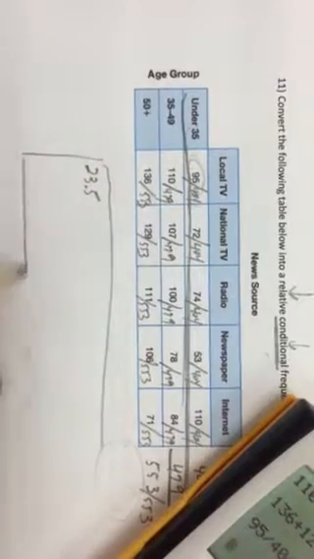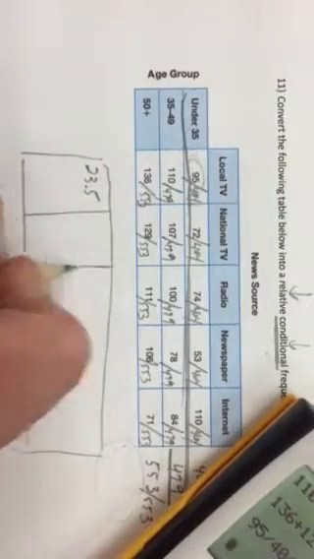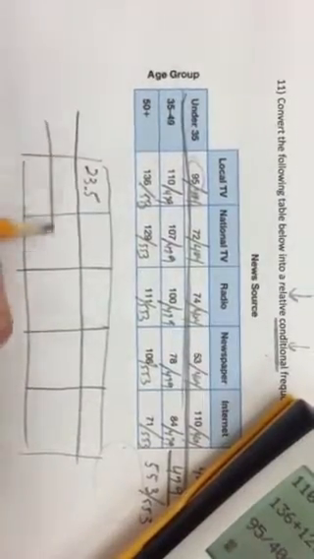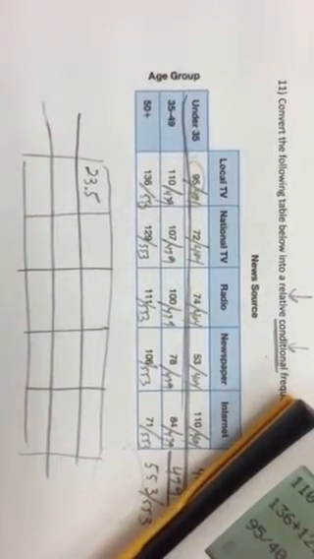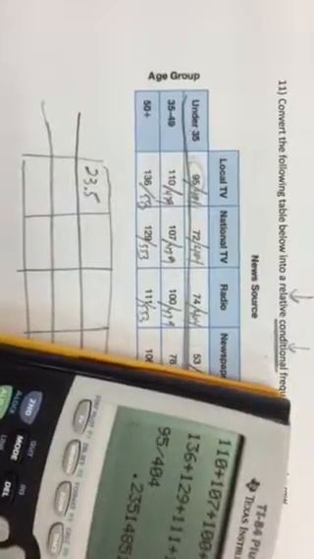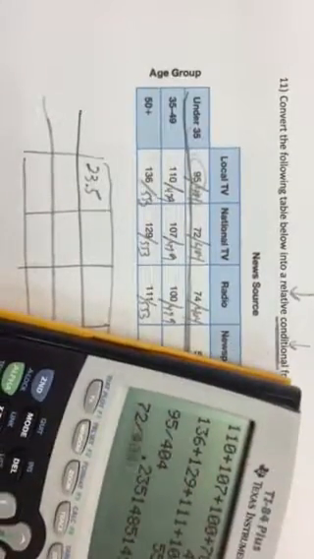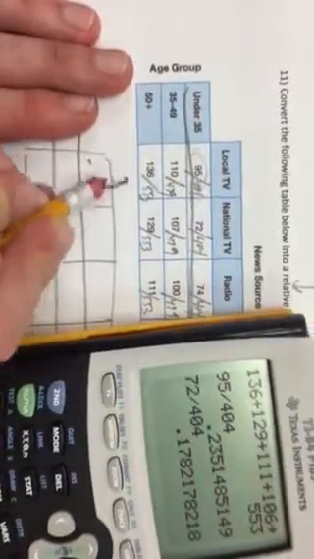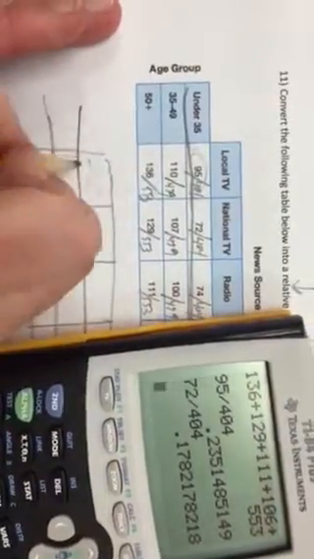Then 72 divided by 404. Oh, sorry, we're going to do these just in decimals, not percent.